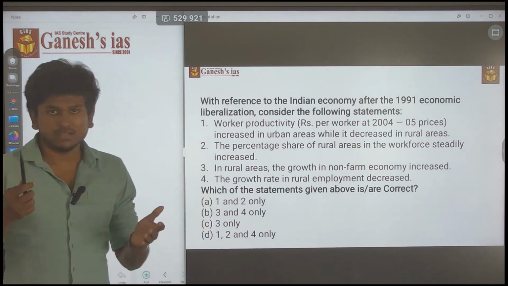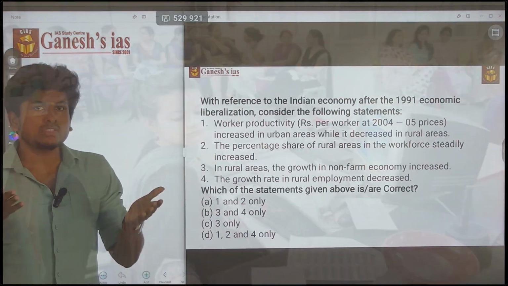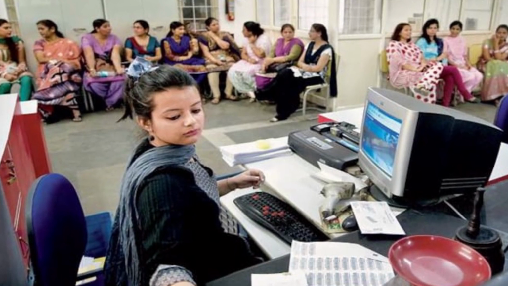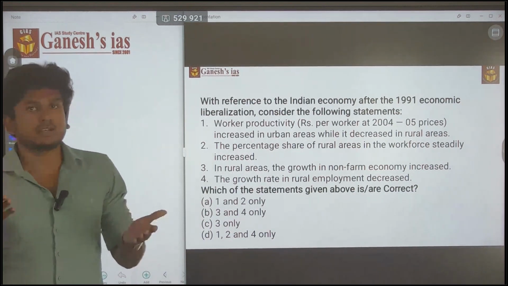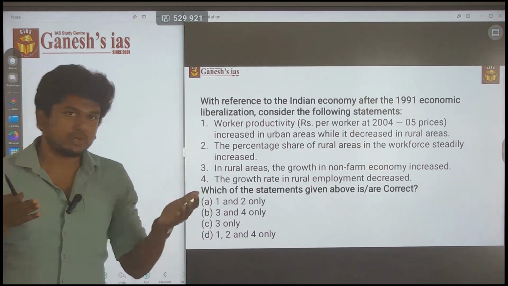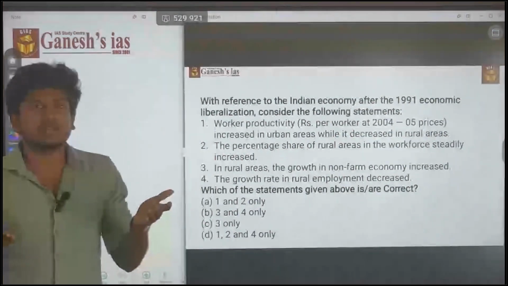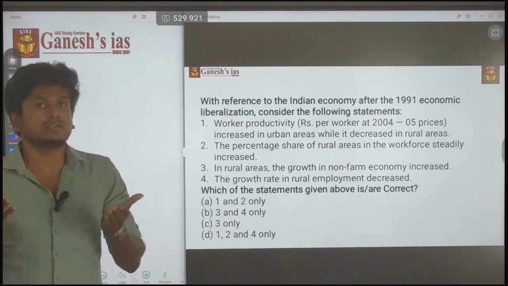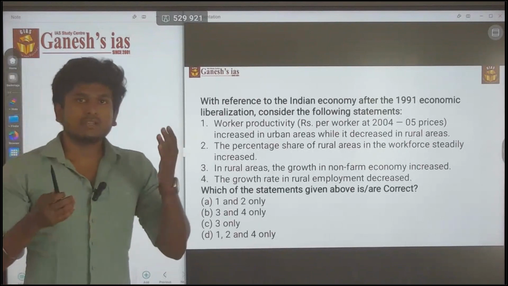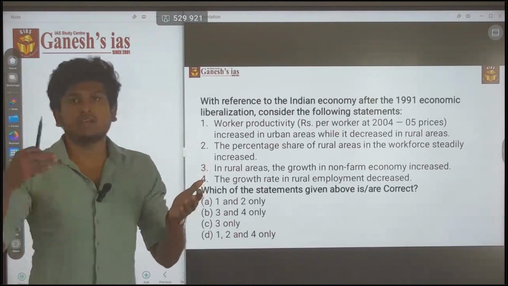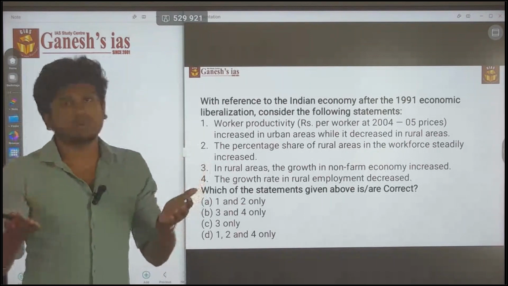Both statements speak about employment or the workforce only, but they contradict each other. If the second statement is right, the fourth statement is wrong. It becomes an oxymoron.